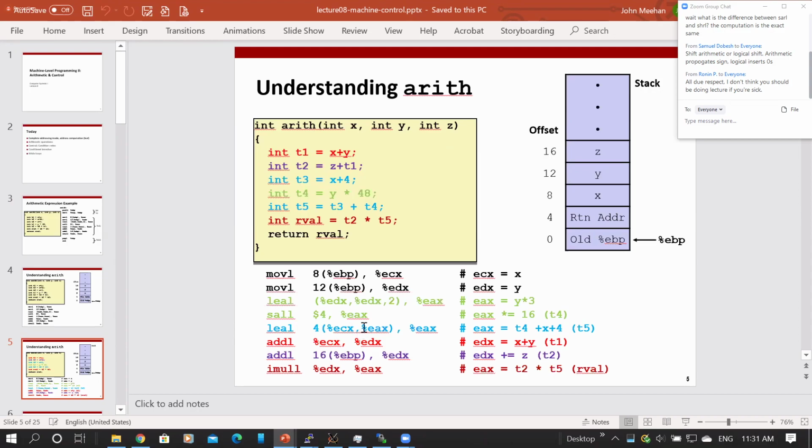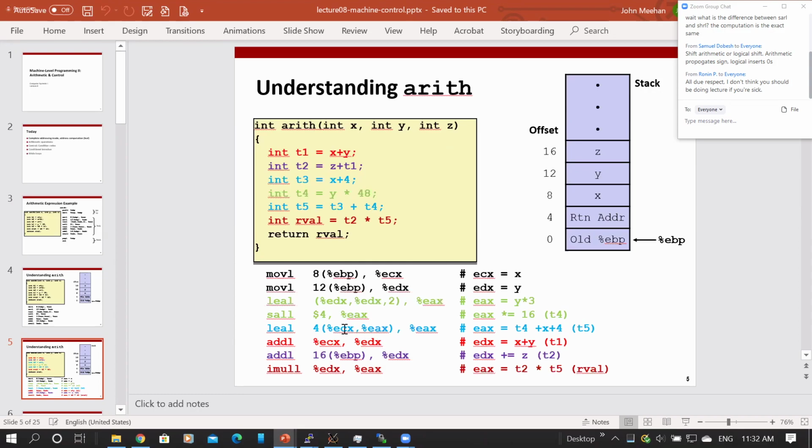So that one instruction there accomplishes both of those two statements in our C code. Everybody all right? Now we do this, add long word ECX, EDX, that's X and Y getting added together. And I've got the result of that in the EDX register.